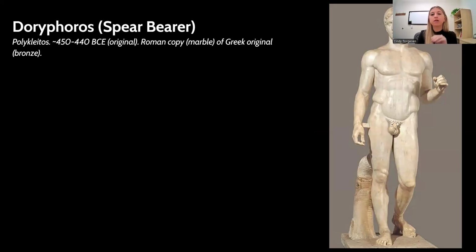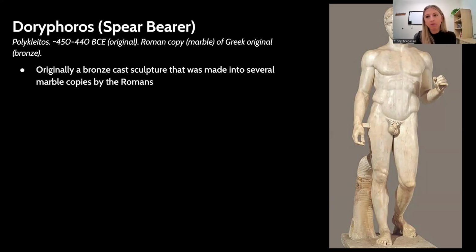Now, this particular copy that we're looking at, there are actually several versions of this that come from Rome, because Rome was very interested in Greek art and architecture. A lot of art and architecture from Greece doesn't survive on its own, but survives through Roman copy. So this is a Roman copy in marble of an original in Greek.